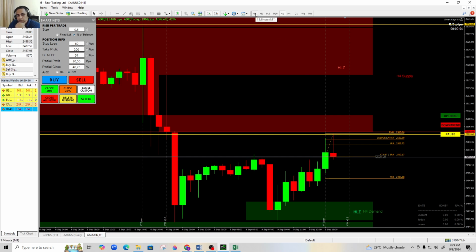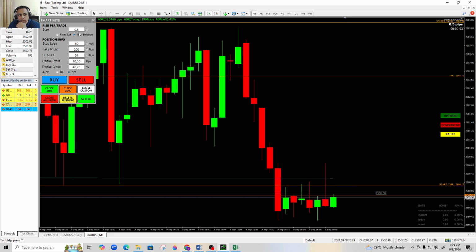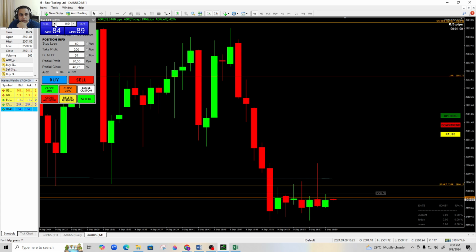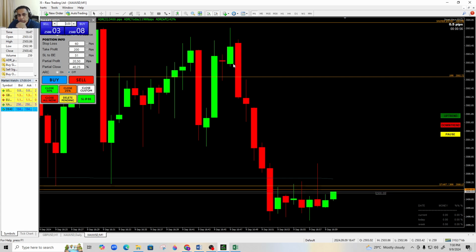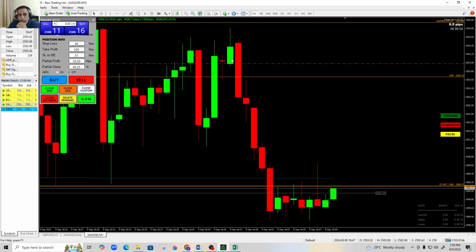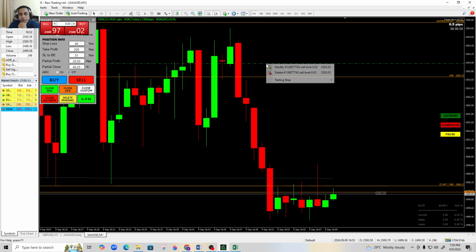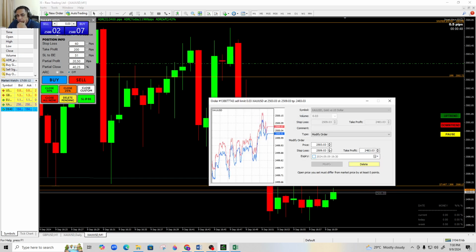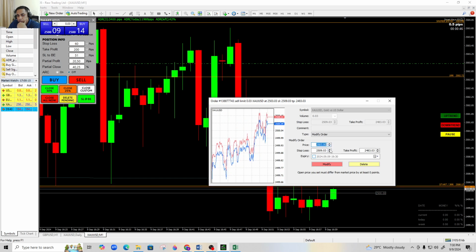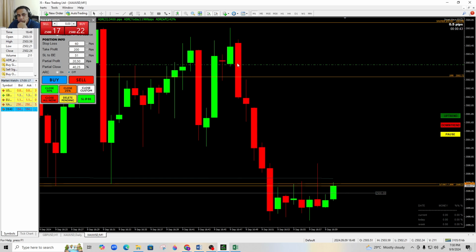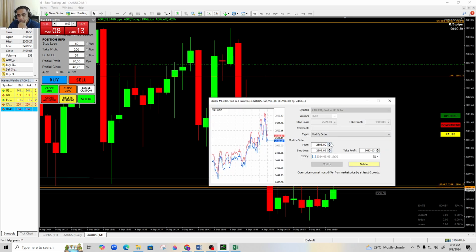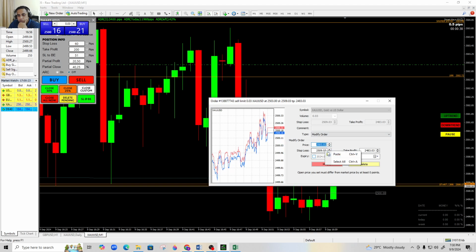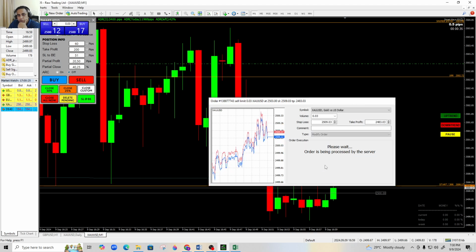So now I'm going to take a 0.03 right here. The open of this candle 2503. Modify 2503. Open 2503.02. Same stop loss as before.